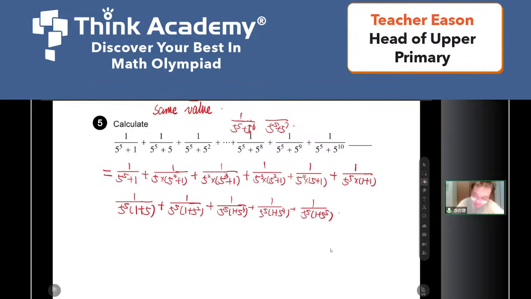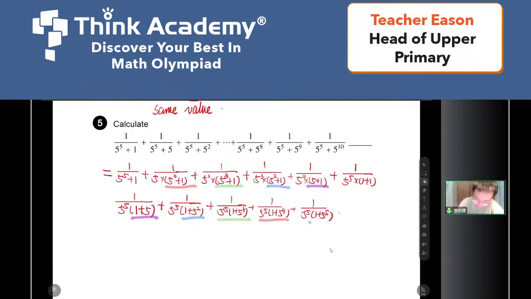So first we turn the form into this way. We extract all the common factors out, and then we will find something in common here. So 1 plus 5, 1 plus 5, 1 plus 5 square, 1 plus 5 square. So for the first half and second half, we can always find something in common.